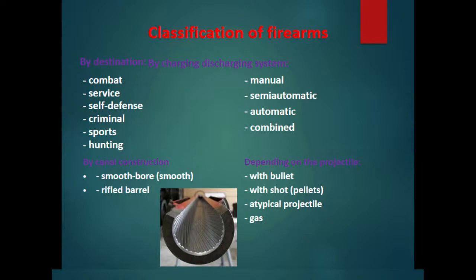So it also has specific purposes. And depending on the projectile, firearm weapons could be divided into weapons using bullets, where a bullet is a single piece of metal or different types of metals, and weapons using projectiles in the form of shots or pellets.